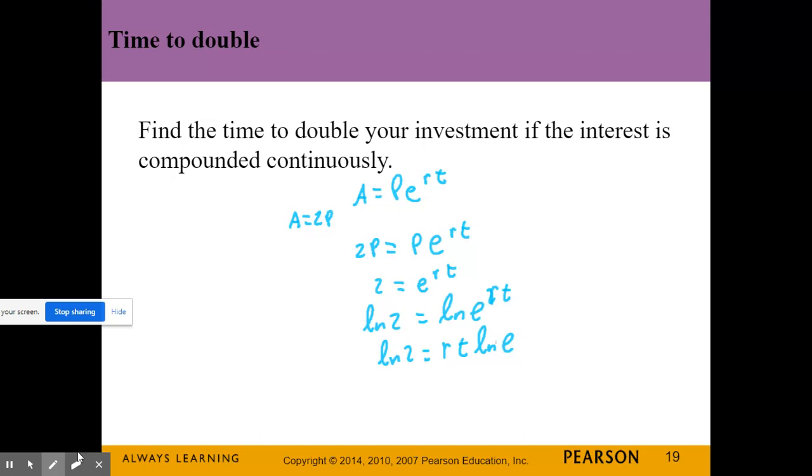So natural log of e is 1, so I don't need it anymore, because 1 times rt is just rt. If I'm solving for t, now I just divide by r, and you get that t is equal to natural log of 2 divided by r.